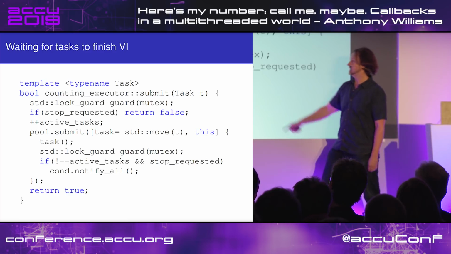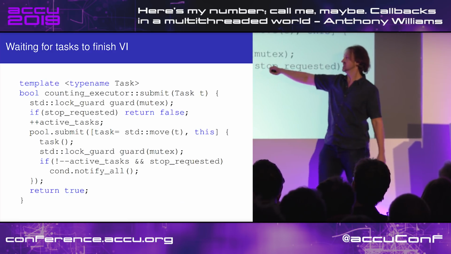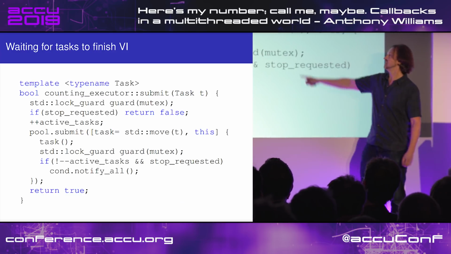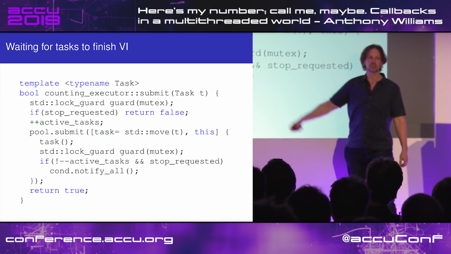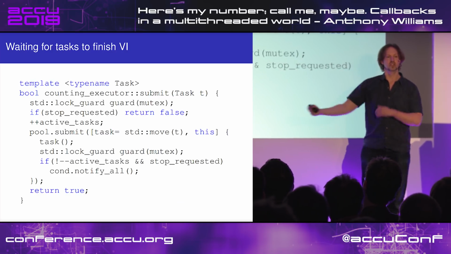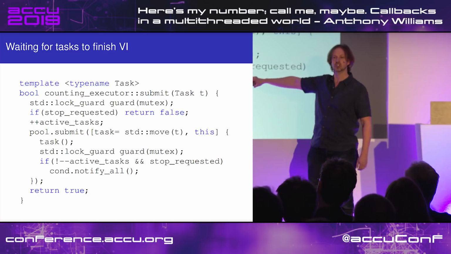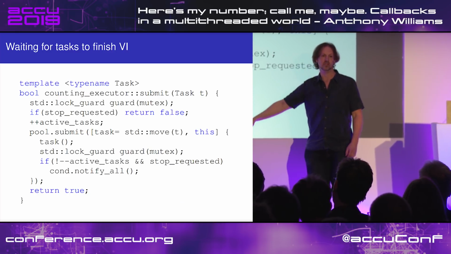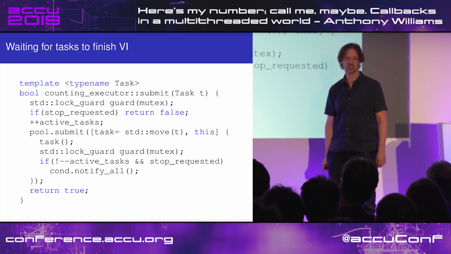So it will wait until active tasks is 0 and our notifies have happened. And because the mutex is locked for that check, and the mutex is locked for the whole of here, you know that there can't be a pending task running after the counter has got to 0.